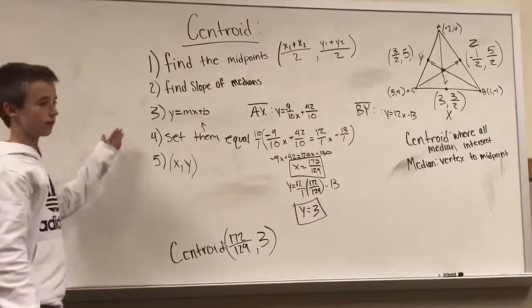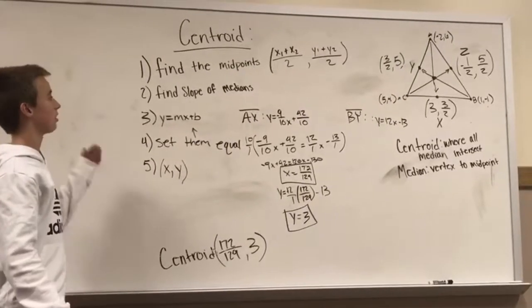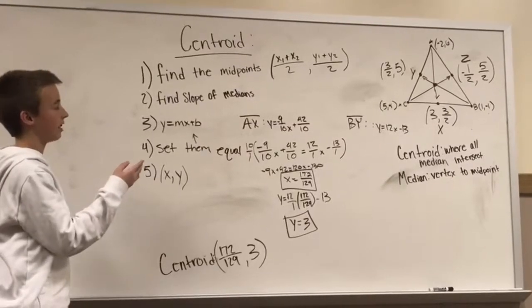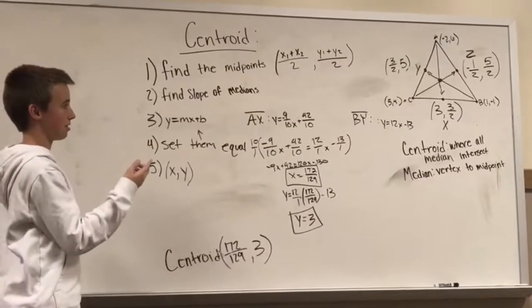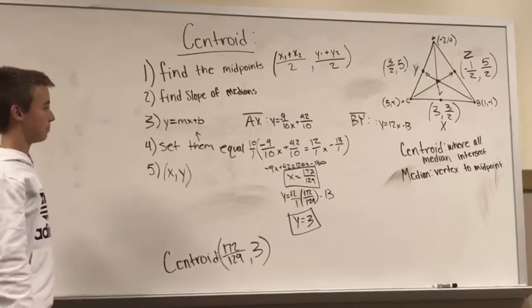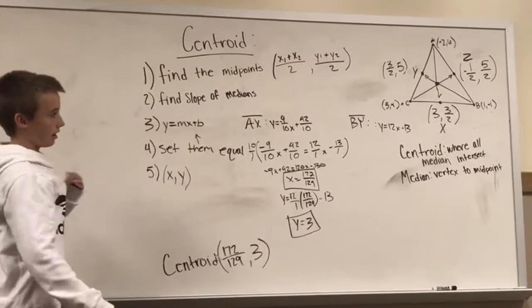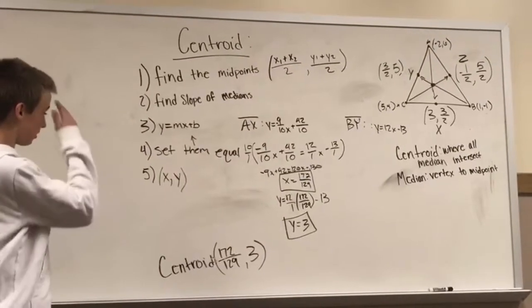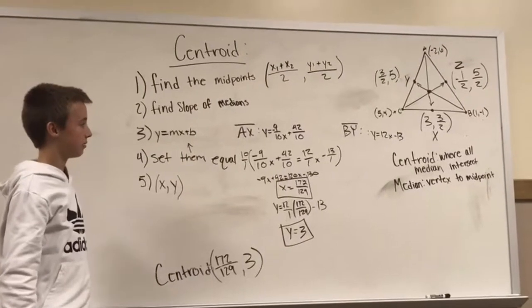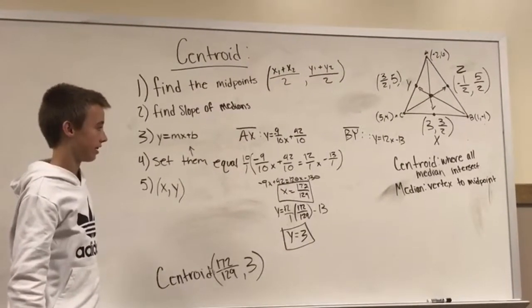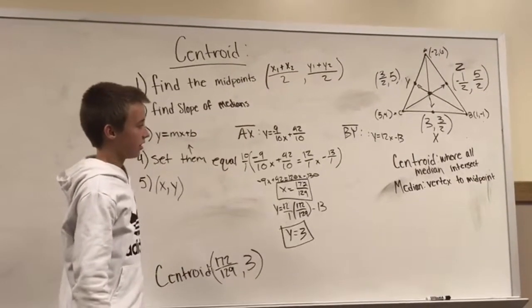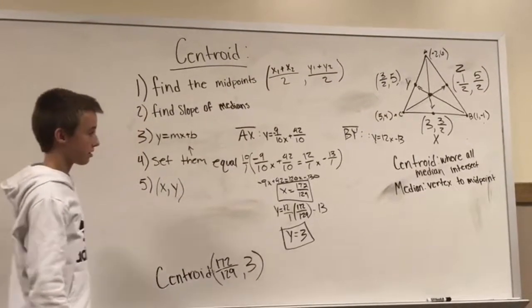So first you have to find the midpoints, x1 plus x2 divided by 2, comma y1 plus y2 divided by 2, and then you find the slope of the medians, and then you put it into y equals mx plus b format. For AX you get y equals -9/10x plus 42/10, and for BY you get y equals 12x minus 13.